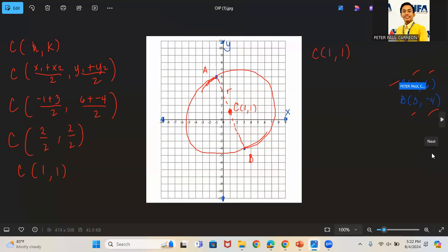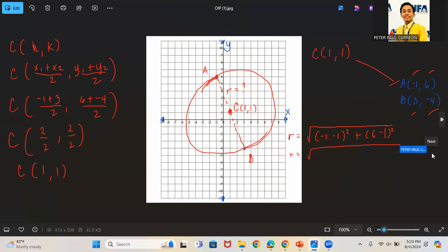Maybe I'll get 1 point to get the distance from point A to point C. So we are going to use the distance formula to get our radius. So we'll use point A and point C respectively. So let's have -1 minus 1 squared plus 6 minus 1 squared.